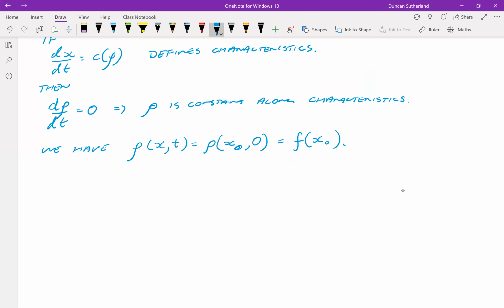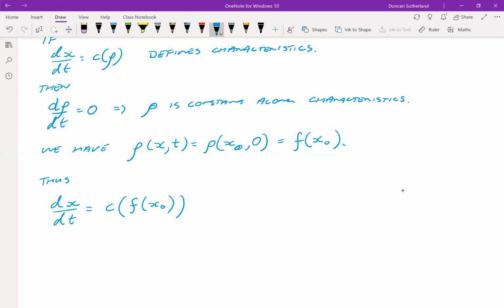We can take this and plug it into our characteristics. So we can write dx dt equals c of f of x naught, right?